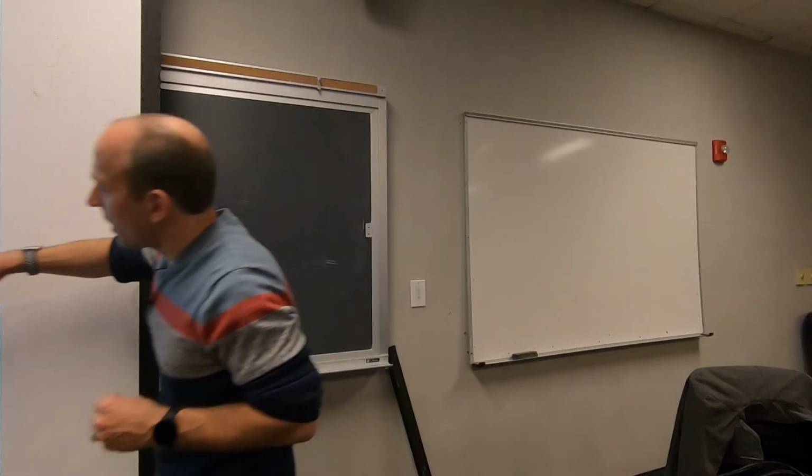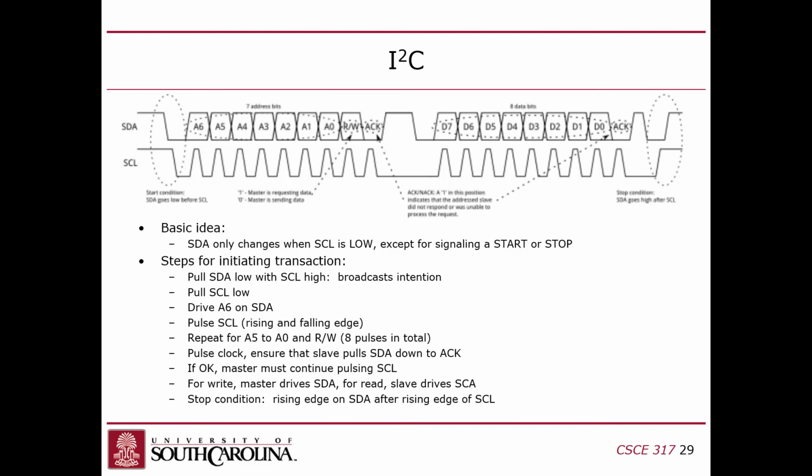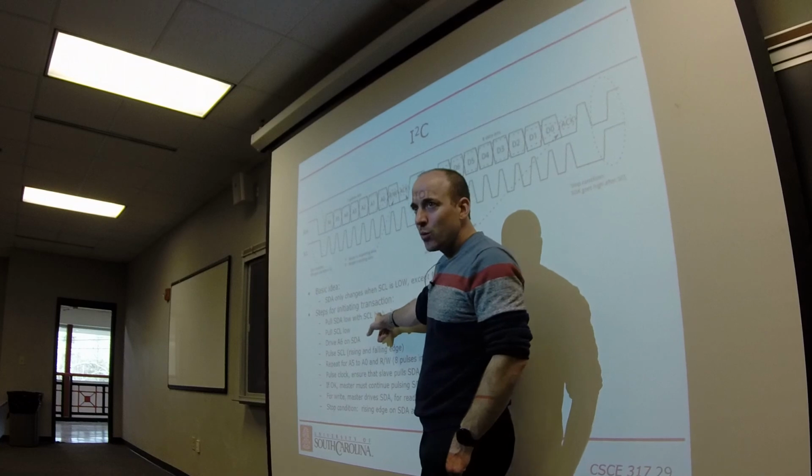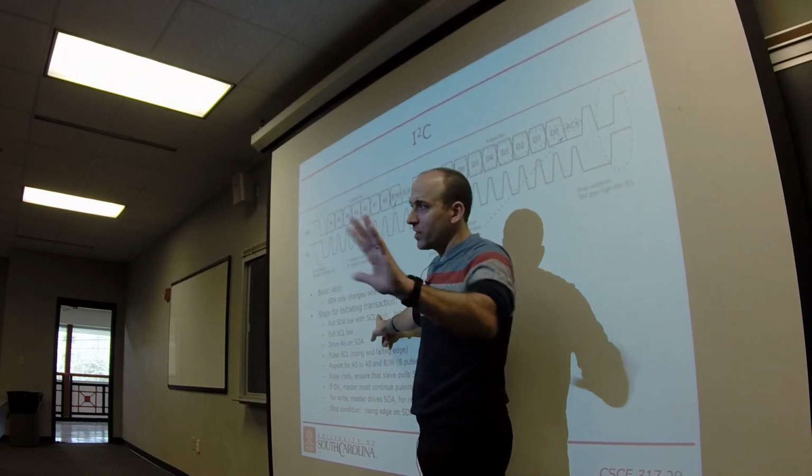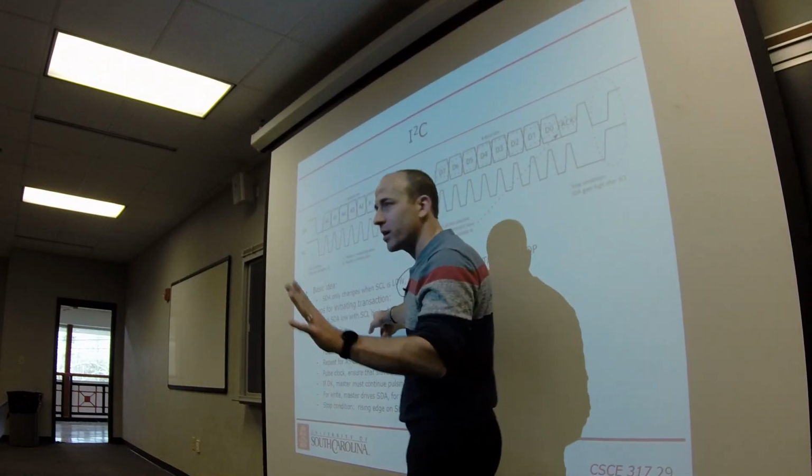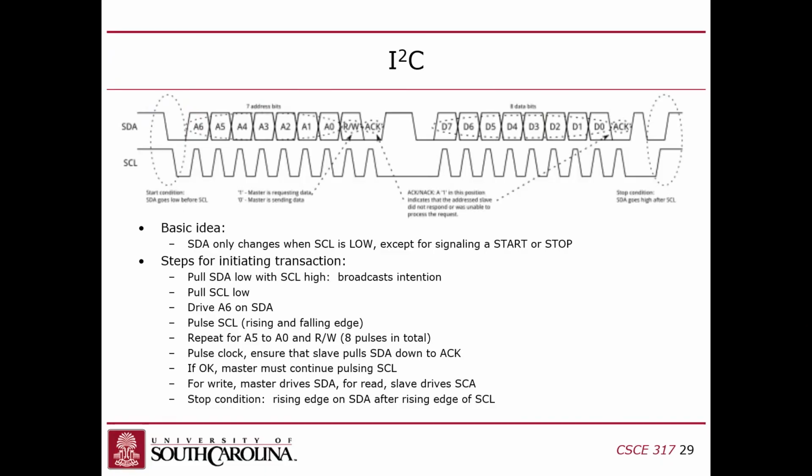Yeah. So I tried to put these steps down like I did before for SPI. So pull SDA low with the clock high, which is usually a no-no, unless you're doing a control sequence. So this is a start sequence. Then you pull the clock low. At that point, I'm going to basically hold the clock low, except for when I pulse it, right?